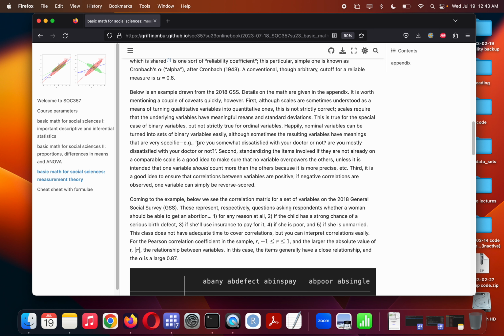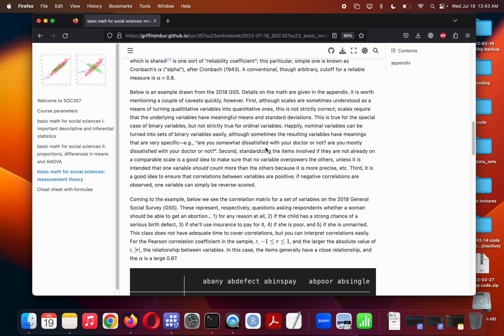You can turn that into a set of questions that asks, are you somewhat dissatisfied with your doctor or not? Are you mostly dissatisfied with your doctor or not? And so on. And those variables are going to have a very particular interpretation, but in principle, you can turn any set of ordinal variables into more sets of binary variables. So that's one thing to mention.